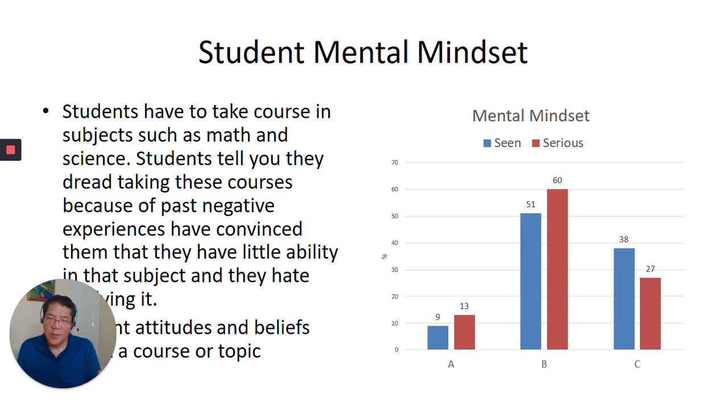So what we need to do is promote a growth mindset, which says that your learning is a direct result of your own effort and your own level of practice and study. And so the growth mindset is much more constructive in terms of getting students to work hard and to succeed at a course.